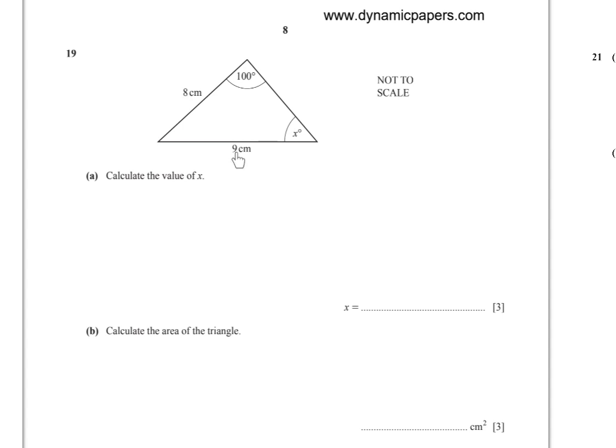19. Calculate the value of x. We have two sides and one angle, so we can use the sine rule. 8 over sine x equals 9 over sine 100. Now cross multiply to find sine x.